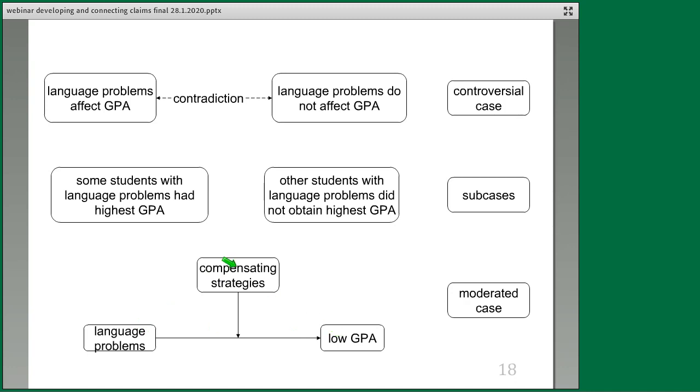But if students have compensating strategies, then this effect will not occur. And although these students have language problems, they still obtain the highest GPA possible.